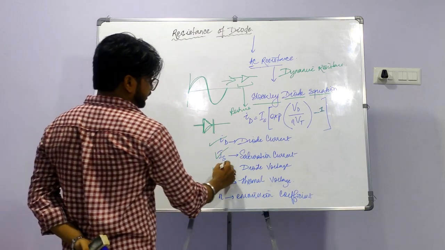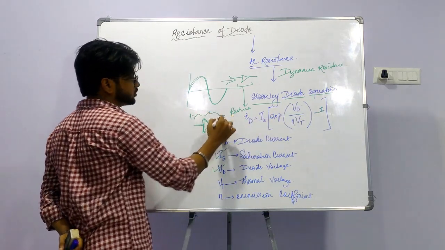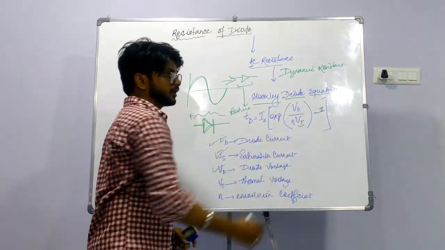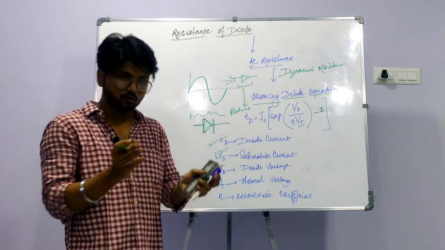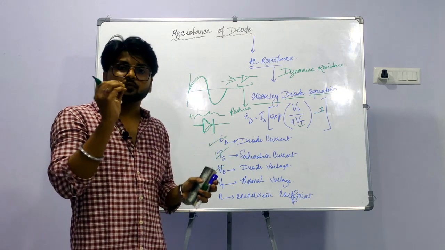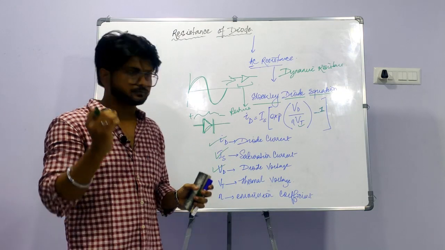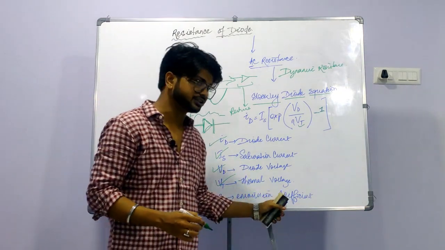Now Vd is the diode voltage, the potential difference across the diode, and Vt is the thermal voltage, the voltage required to produce the heat from the diode. As you know, when a voltage is applied to a diode, the 0.7 volt loss in the voltage is converted into heat or thermal energy, and n is the emission coefficient.